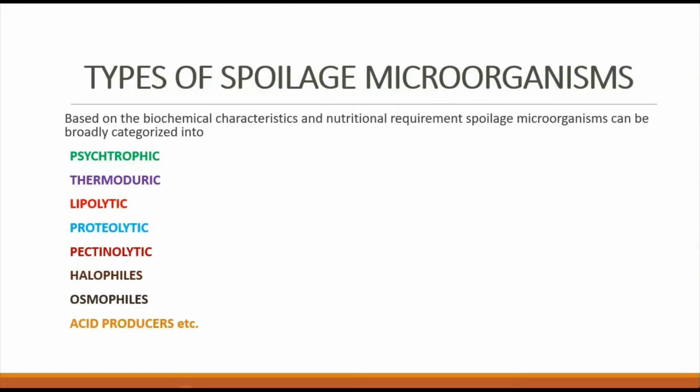Coming to the types of spoilage microorganisms, based on the biochemical characteristics and the nutritional requirements, spoilage microorganisms can be categorized into these types: psychrotrophic, thermoduric, lipolytic, proteolytic, pectinolytic, halophiles, osmophiles, then acid producers. This classification was mainly based on the biochemical characteristics and the nutritional requirements.